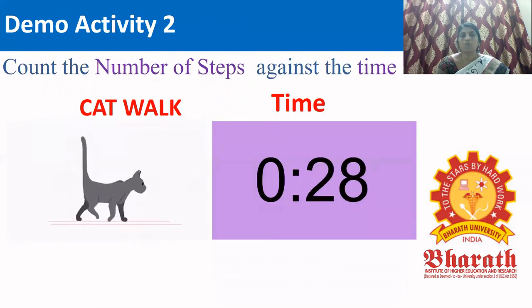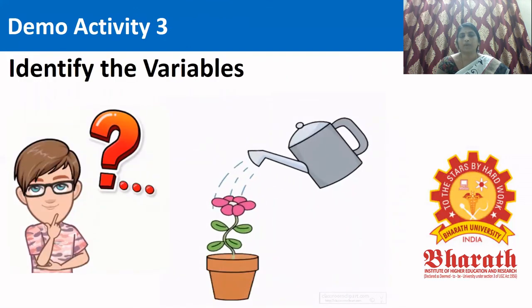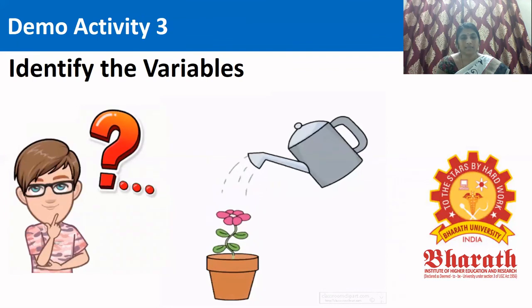Next, you can count the number of steps against the time. That is also a demo for a variable, where it varies accordingly with time. Now you can identify the variable. The exercise is left to you.